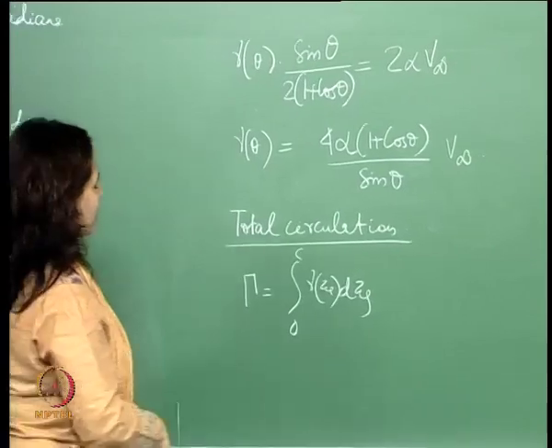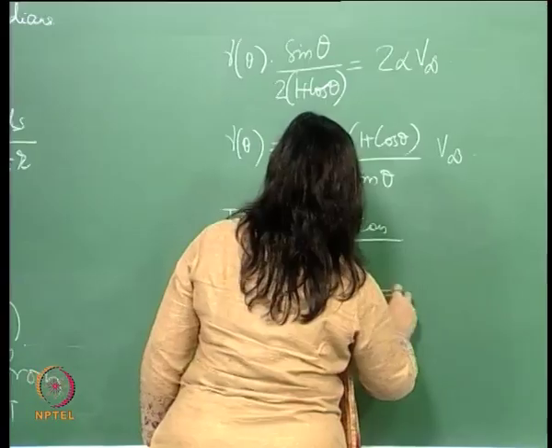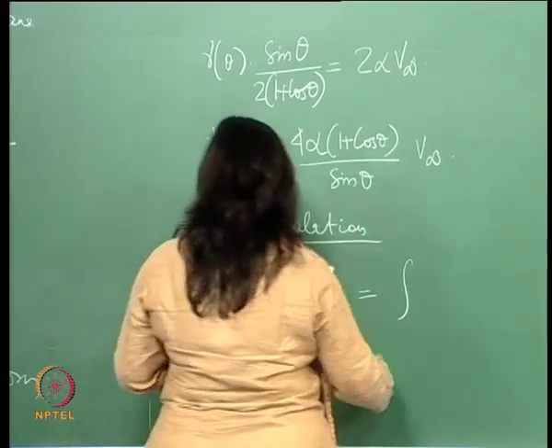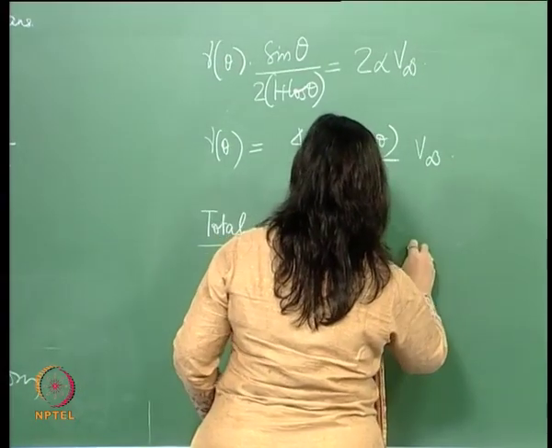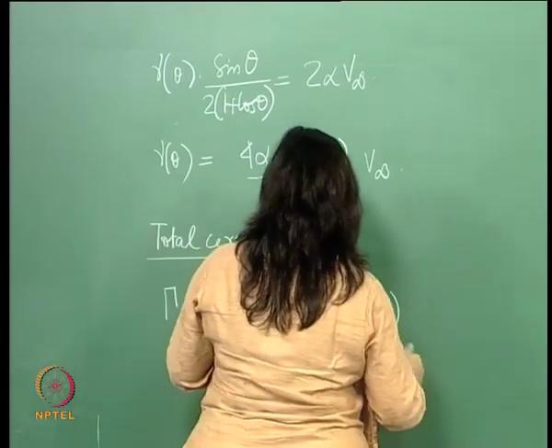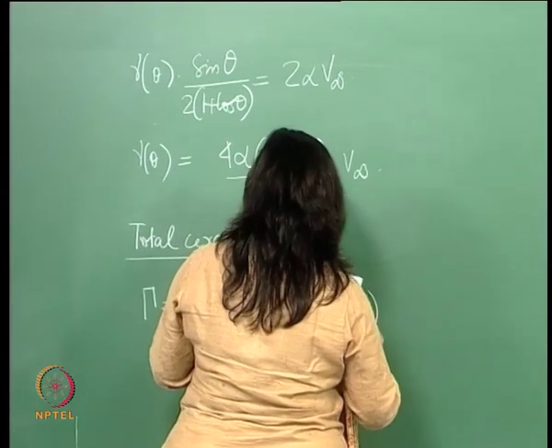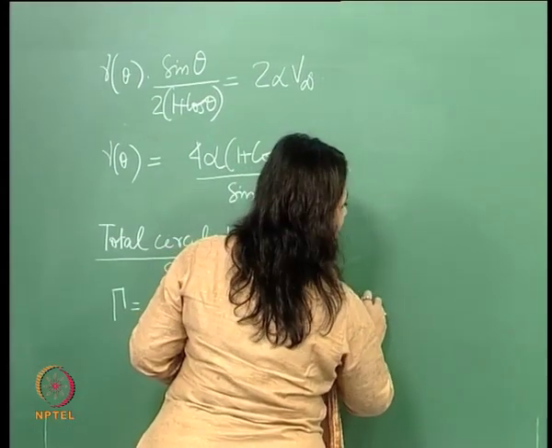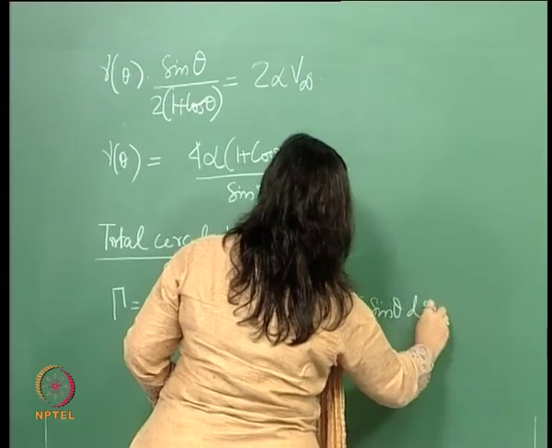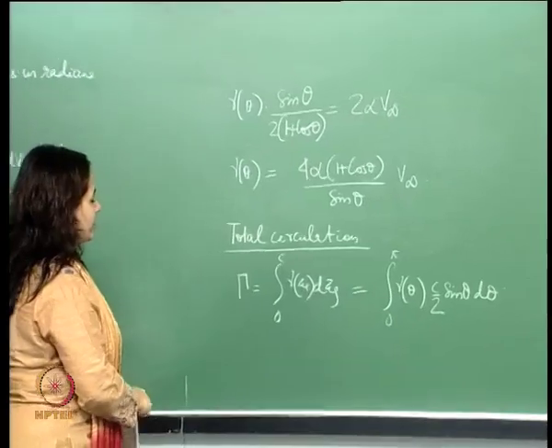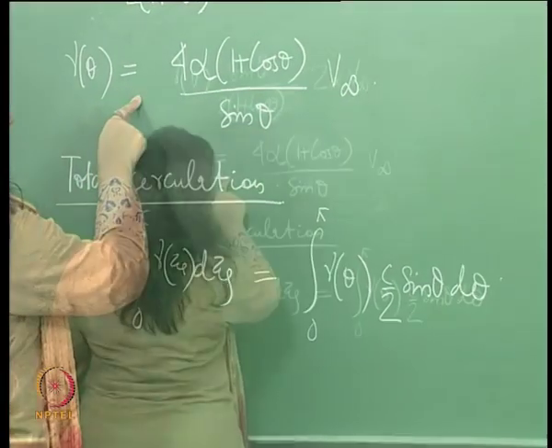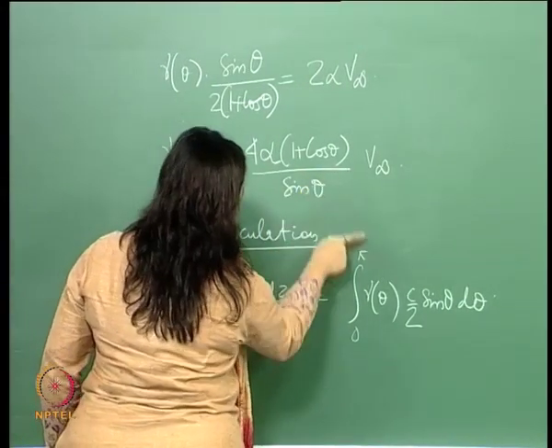We will use the theta coordinates and go from 0 to pi. We will use gamma theta and dz as we have used before, that is c by 2 sin theta d theta. This is the total circulation.